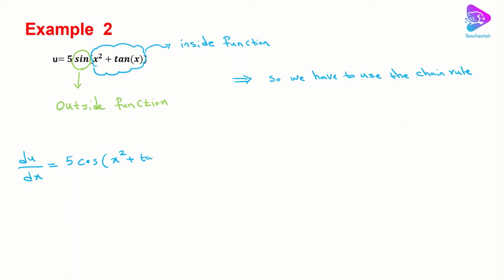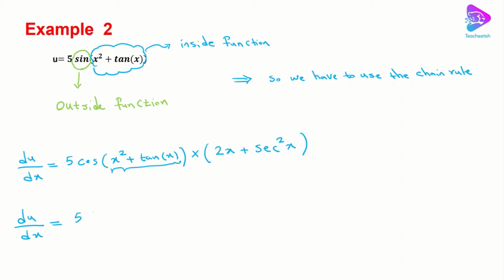Now it's time to take the derivative of the inside function, which is x squared plus tangent x, and this is going to be multiplied with 2x, and the derivative of tan x is basically secant squared x.